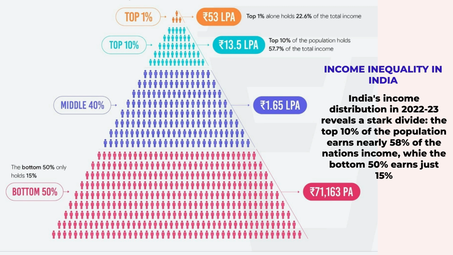Bottom 50%, this group has only a 15% share of the total income, with an average income of 1.75 lakh rupees per annum. This visual representation highlights the significant income disparity in India, with the top 10% earning substantially more than the middle and bottom segments of the population.